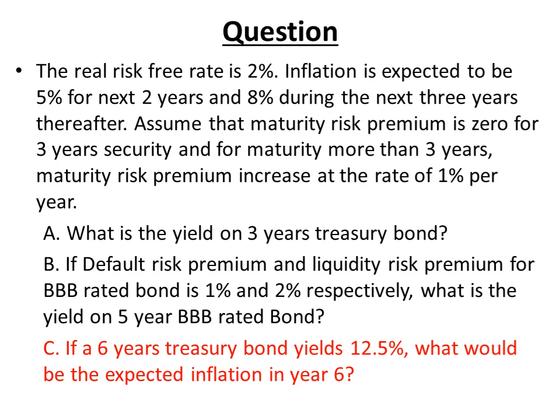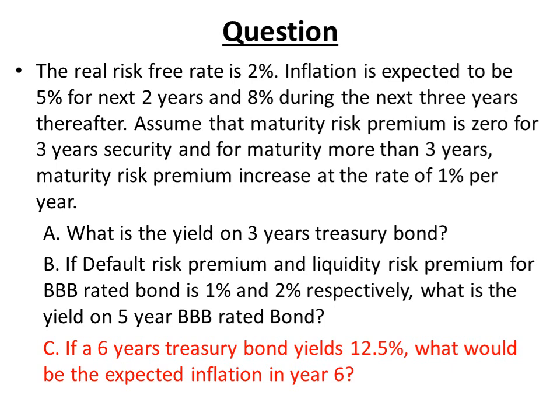Now, part A, what is the yield on a 3 year treasury bond? The yield means the interest rate here. Yield means the return. Return means how much return is given by the security, that is determined by the interest rate. So the yield means we have to calculate the interest. What is the yield on a 3 year treasury bond?